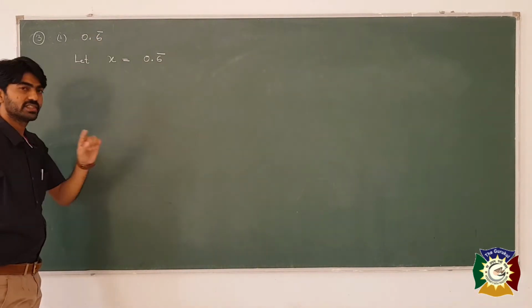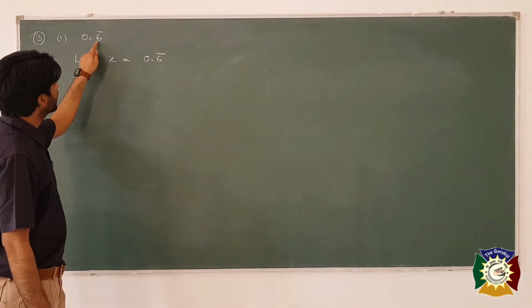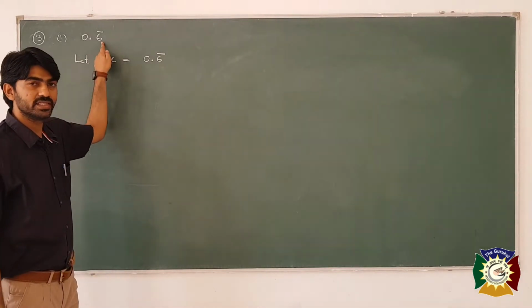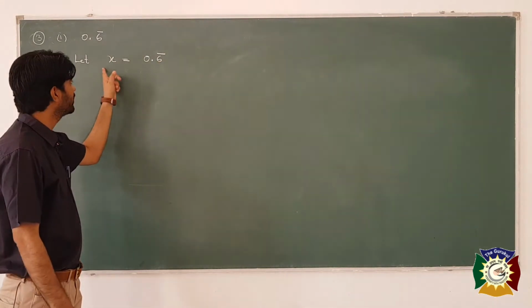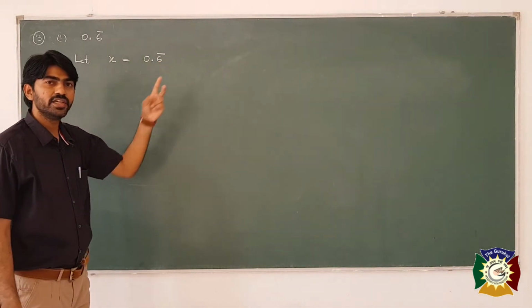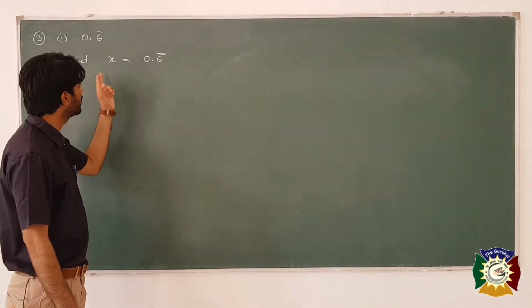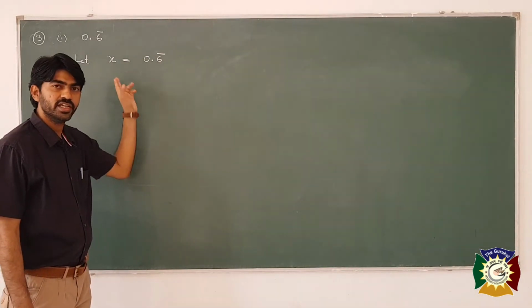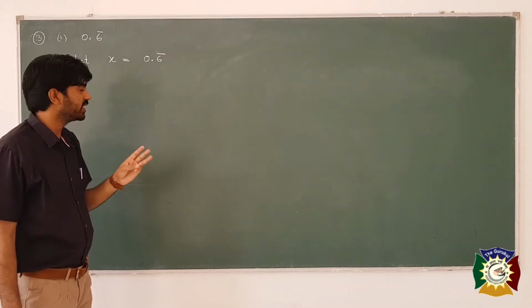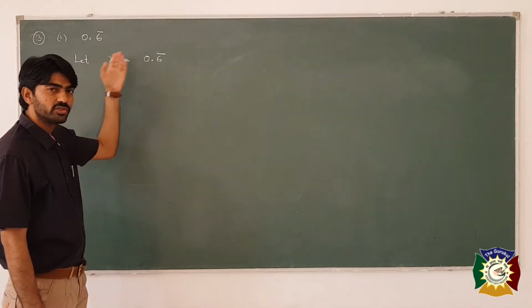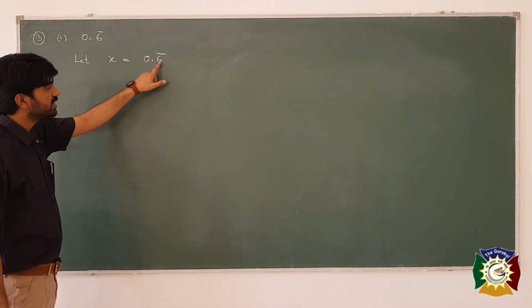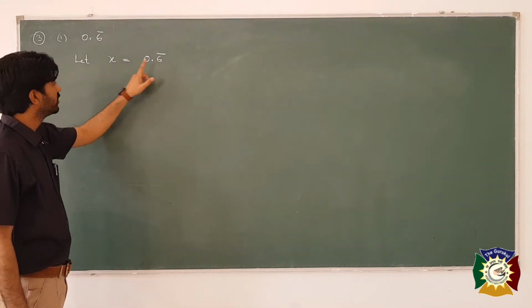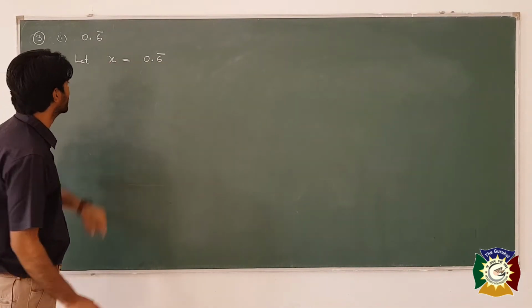Now second step, you have to check how many digits are being repeated. Here one digit is being repeated, so we will multiply by 10 on both sides. If 2 digits are being repeated, we will multiply by 100 on both sides. If 3 digits are being repeated, then we will multiply by 1000 on both sides. Only one digit is being repeated, so we will multiply by 10 here.